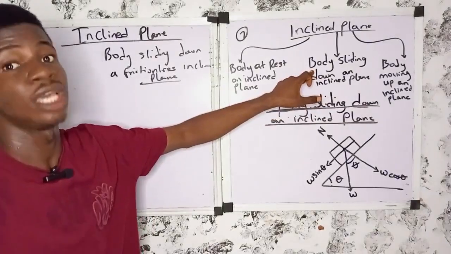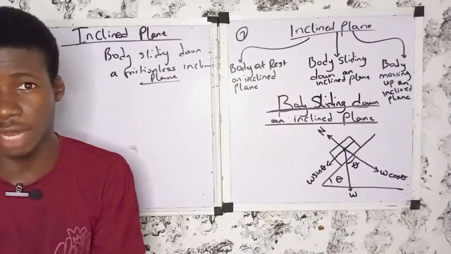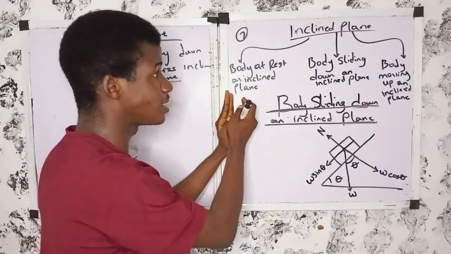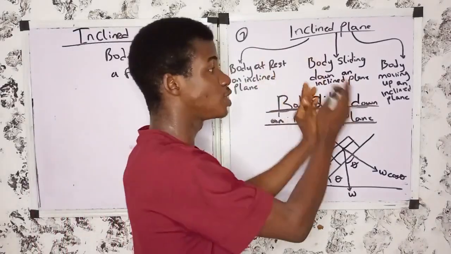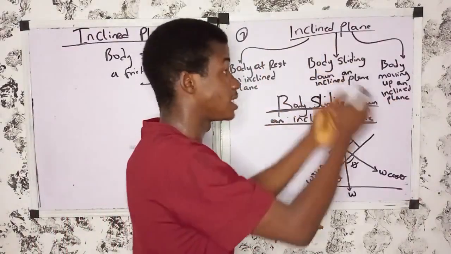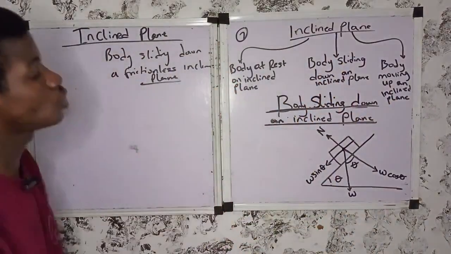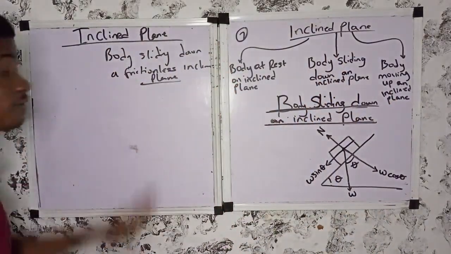It is moving, so therefore it has an acceleration. In the other one, the body is at rest, there's no acceleration. Okay, so now let's start with this first scenario.